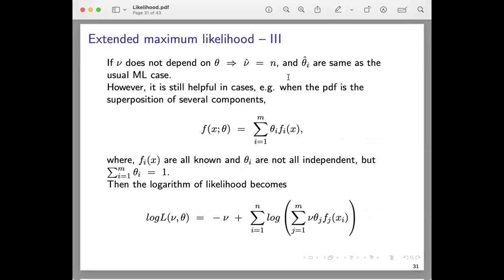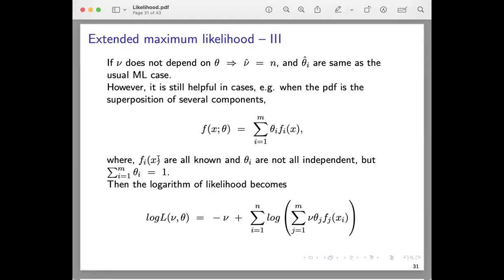in some cases where, say, the PDF is simply the superposition of several components. Like if you can write f of x, theta as the sum of the products of the parameter theta i times f i of x, where f i of x is well known, and the theta i's are all independent, and the sum of these theta i would be constrained to 1.